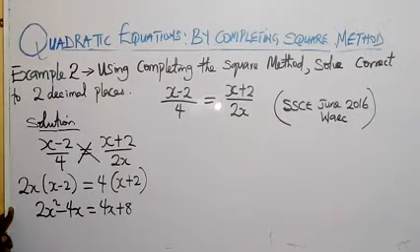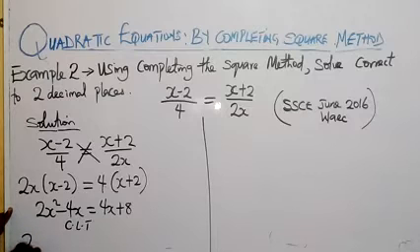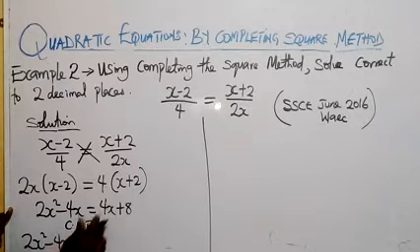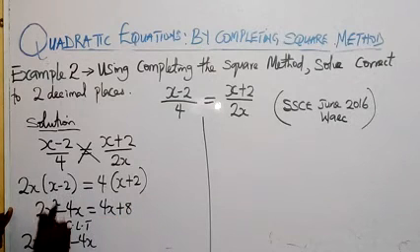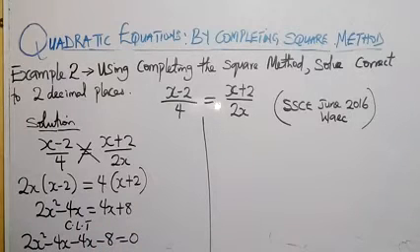The next thing, you collect like terms. Where you have 2x squared minus 4x, bring this 4x to the left hand side and it becomes minus 4x, and this 8 to the left hand side becomes minus 8, equals 0.